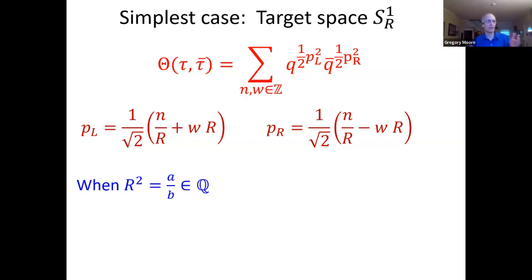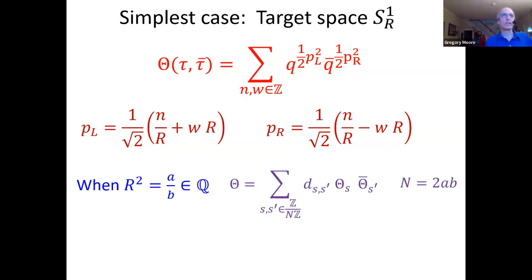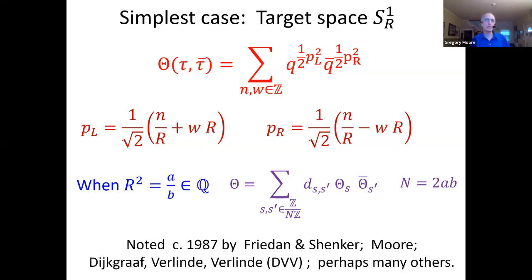And similarly, the other way around. And so the theta function can be written as a finite sum of holomorphic function times anti-holomorphic function. Those are level n theta functions. So this was noted in 1987 independently by Friedan and Shenker, by myself, by Dijkgraaf, Verlinde, and Verlinde, hereafter known as DVV, and perhaps many others.